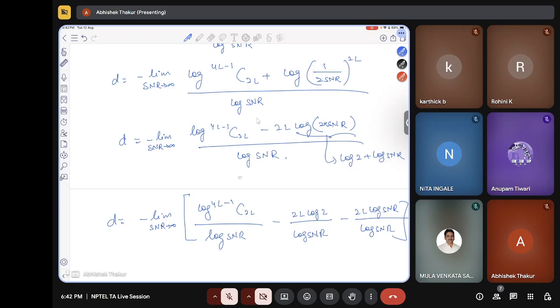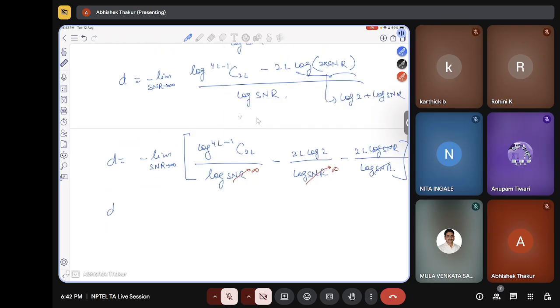Same thing we have done. Now you can see SNR tends to infinity, so a finite quantity divided by an infinite quantity becomes 0, and the log SNR terms get cancelled. So D is equal to minus the limit as SNR tends to infinity of 0 minus 0 minus 2L.